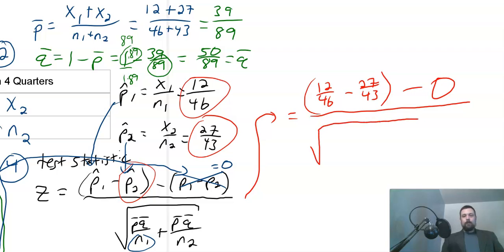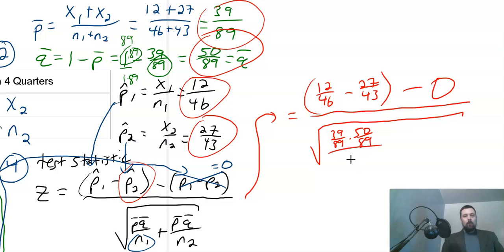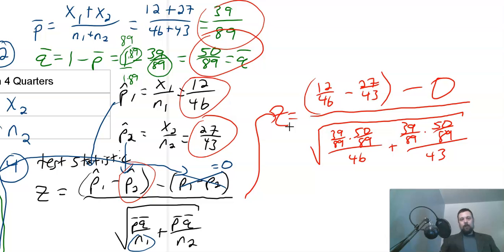Over the square root of P bar, which is 39 over 89, times Q bar, which is 50 over 89, divided by N1, which is 46, plus P bar, 39 over 89, times Q bar, which is 50 over 89, over N2, which is 43. There's our test statistic, right? This is the value of Z.